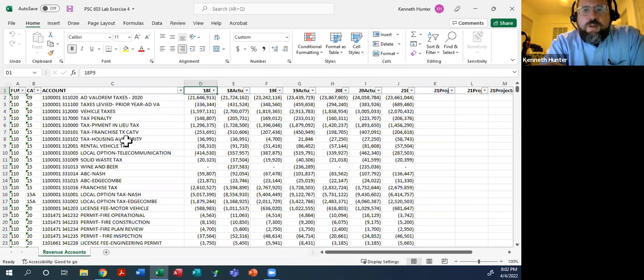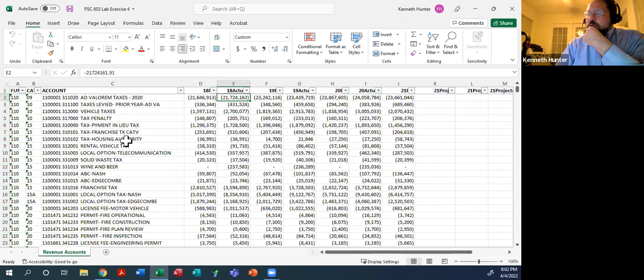July would be period 1, August would be period 2, and so on. So March is period 9. And what this column shows is the year-to-date revenue as of the end of March in fiscal year 2018.